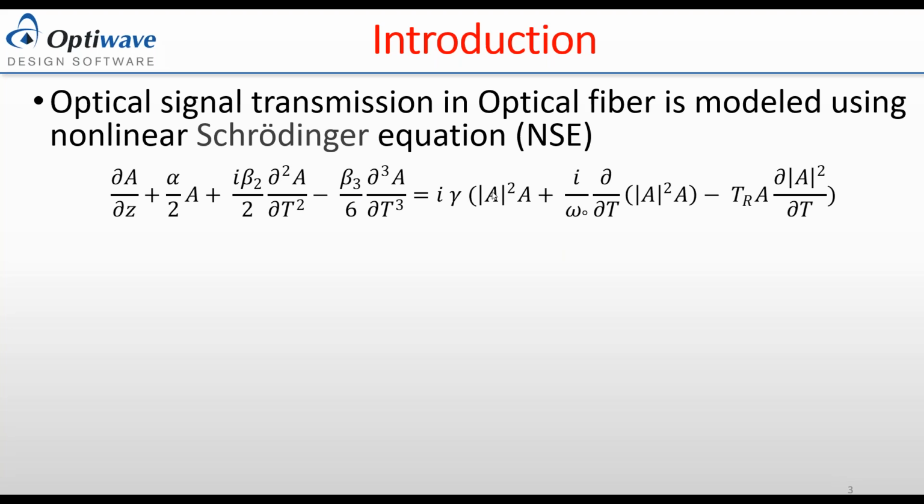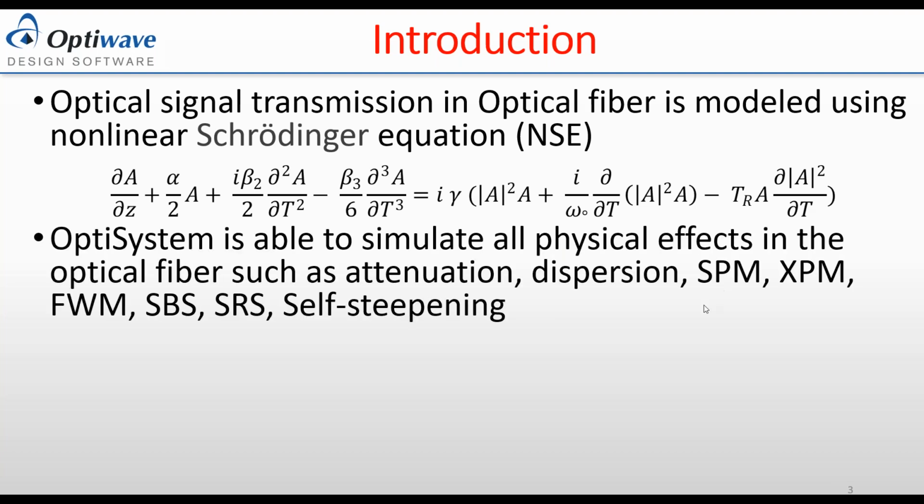It also includes the nonlinear effects due to self-phase modulation, a term for self-steepening, and a term related to stimulated Raman scattering. In OptiSystem, we address all the nonlinear effects in the fiber, including self-phase modulation, cross-phase modulation, four-wave mixing, stimulated Brillouin scattering, stimulated Raman scattering, in addition to self-steepening.